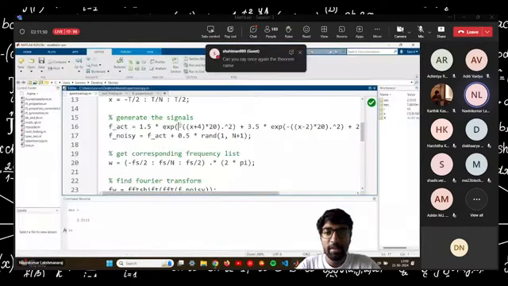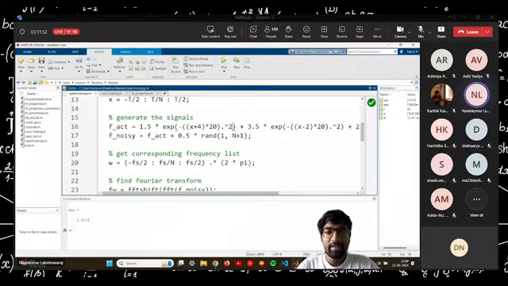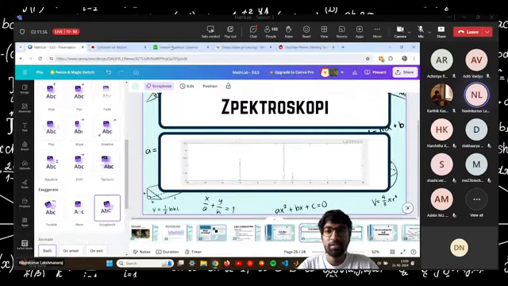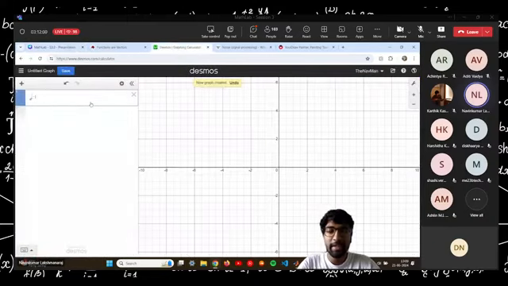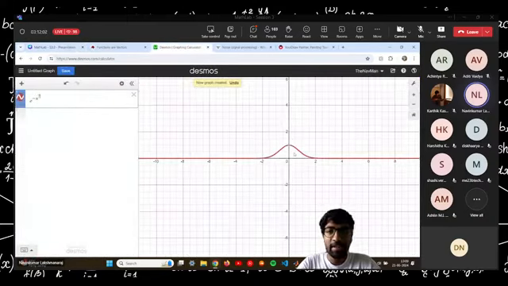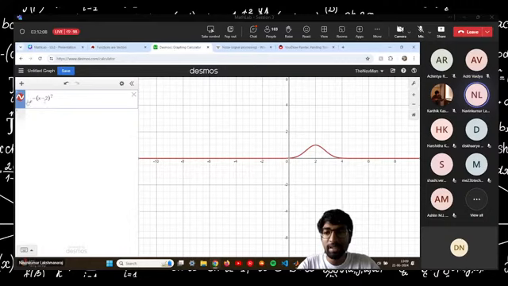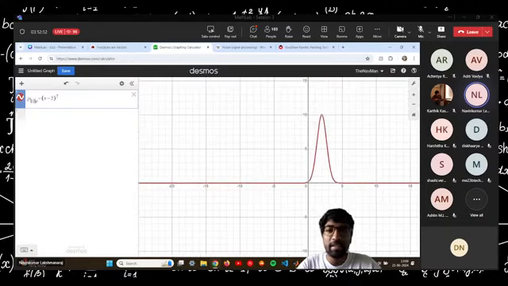So what I've done is basically take a bunch of scaled and shifted Gaussians. For those who don't know what a Gaussian is, it is this function e to the power -x square, which looks something like this. So what I've done is I've basically shifted the function by some units on the graph and also scaled it by some factors, say 10, so that the peak increases in height.